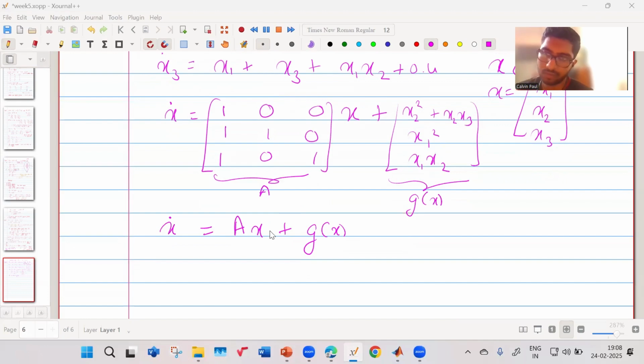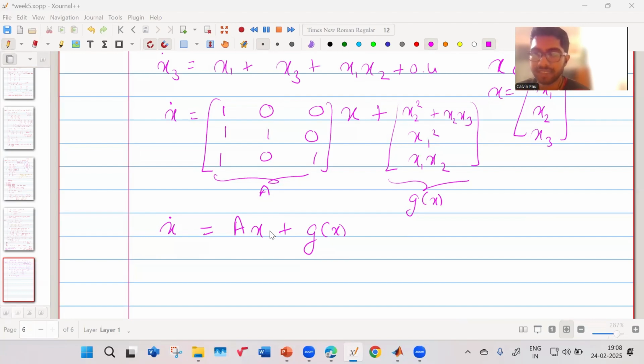So the thing is, linear systems are very nice. You can find the stability and all that. When we come to a non-linear system, we find it very difficult and complicated, and we miss our linear systems. So what sir has told is, you have a non-linear system, you decompose it into a linear part and a non-linear part, and you try to find the stability of the linear part.